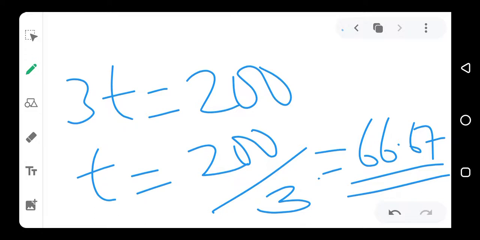This is the value for the time we are looking for. This is T of oxygen gas that we are looking for. So this is how to solve it.